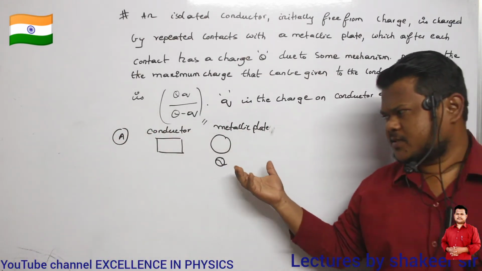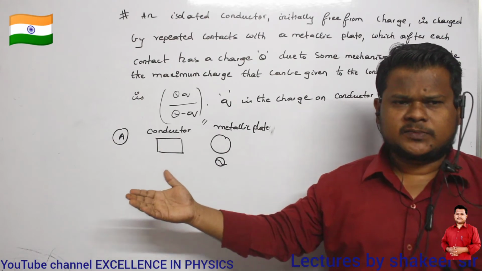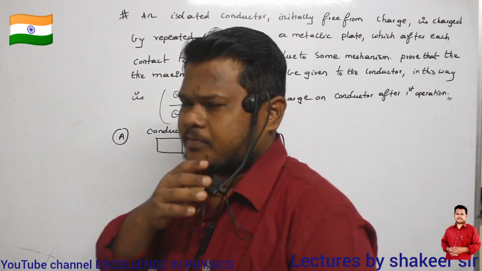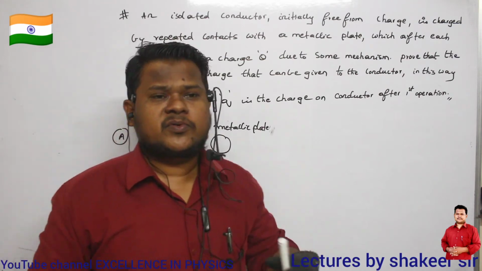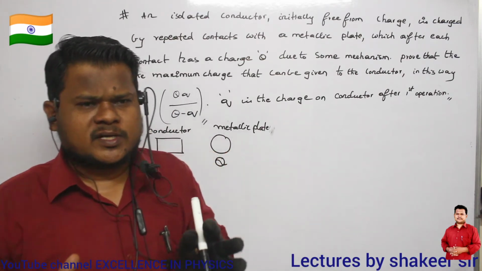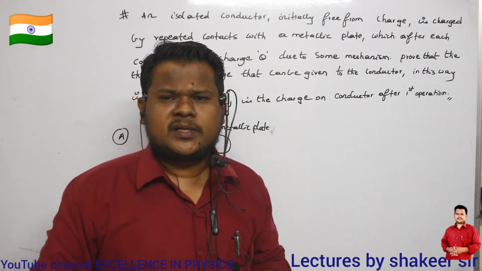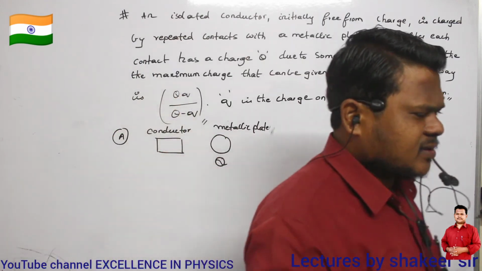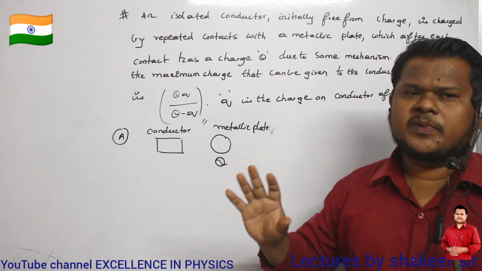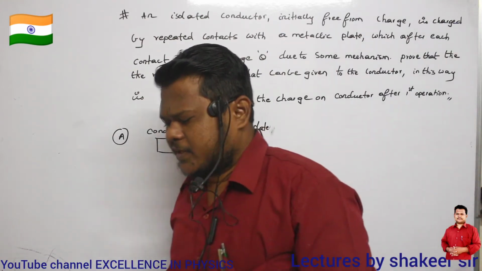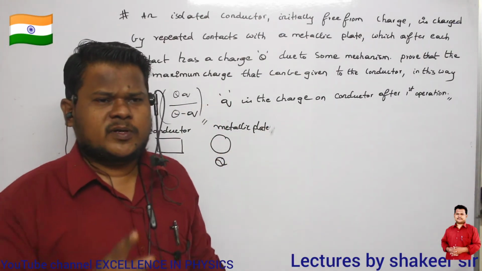Charge, because this is a conductor, charges will transfer, no? Because of the property called conduction. When two conductors are joined with each other, charges will redistribute such that the potentials of these conductors become equal. Charges will transfer until the potentials of these two conductors become equal. It means one body is losing charge, one body is gaining charge.